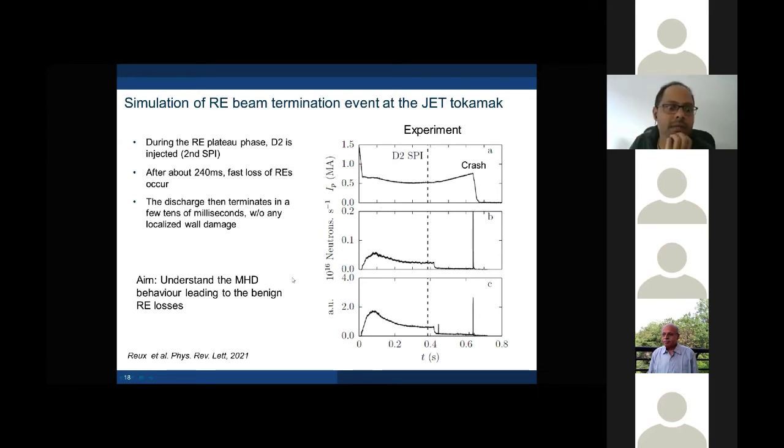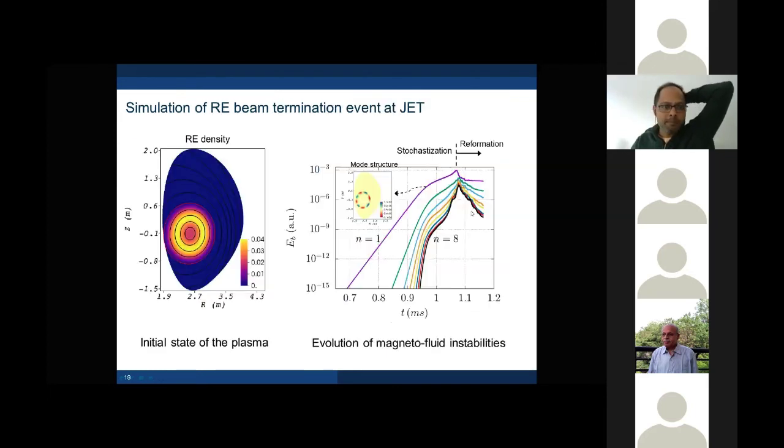So it was necessary that we understand what's really going on, such that we can replicate such a phenomenon in ITER and try to find a solution for the problem. So this was the aim, and for this I start with the plasma state just before the strong crash and see what's really going on. So like I said, I start with an initial state where I start with a hollow profile for the relativistic electron density.